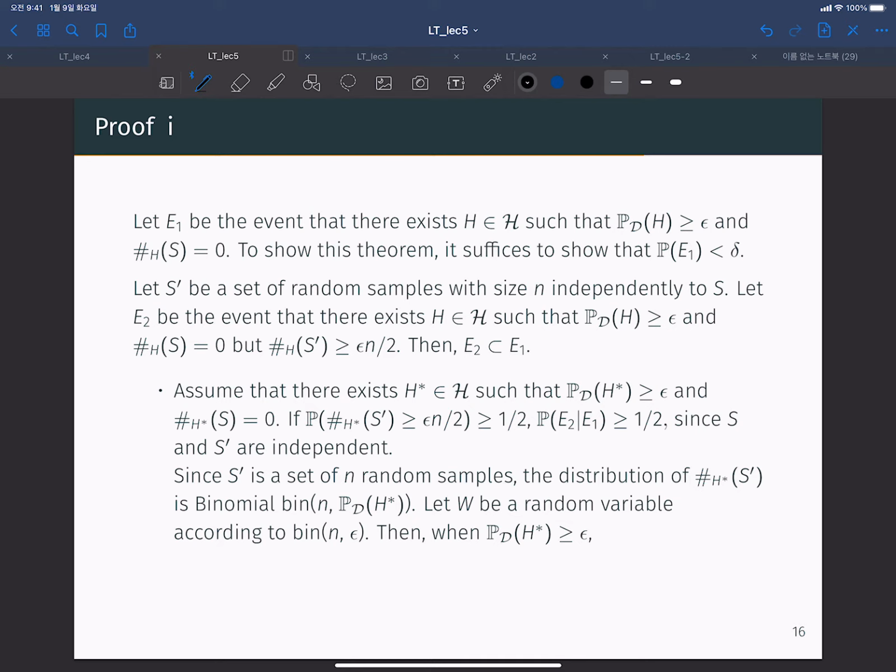Let E1 be the event. So remember what E1 is.